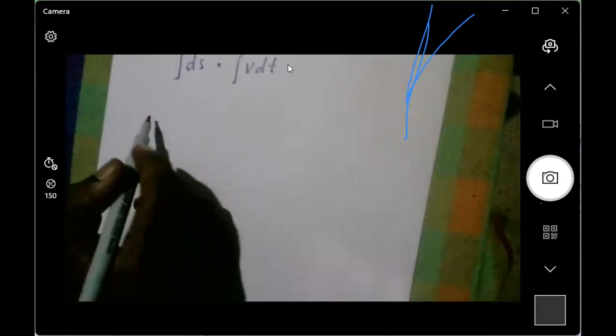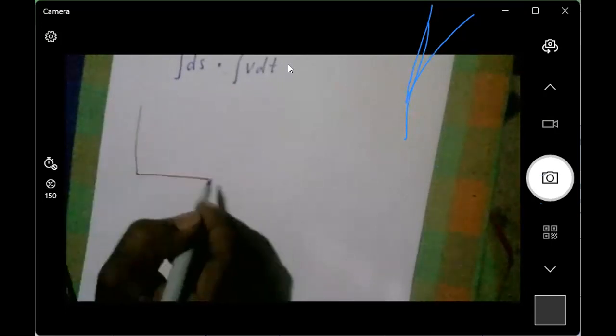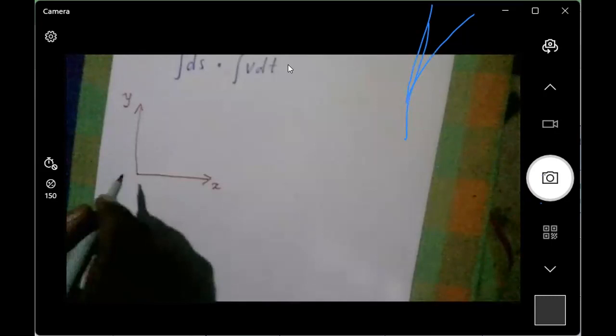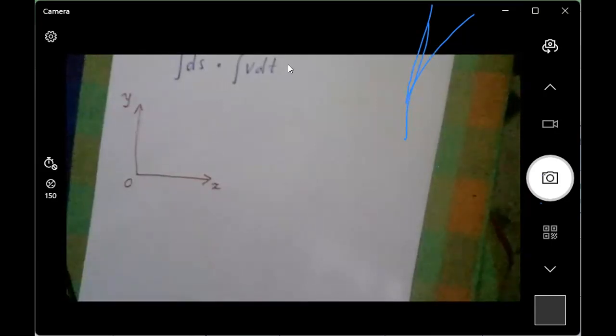So let's try to solve that part first. As I told you, we apply this mainly for planar motion, so I am going to only consider a 2D system. The Cartesian coordinates are x and y. This is the origin, right?